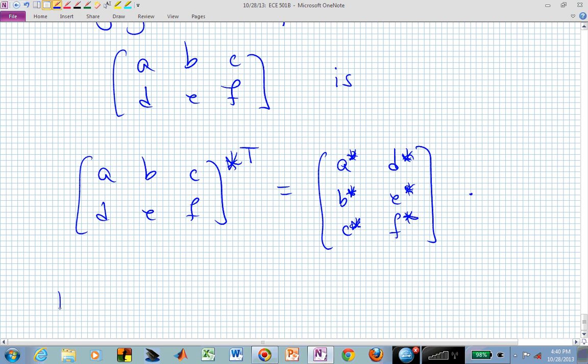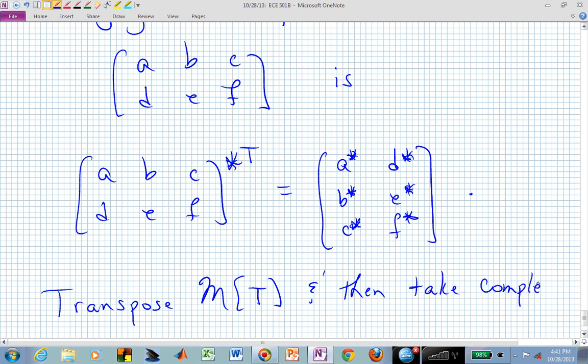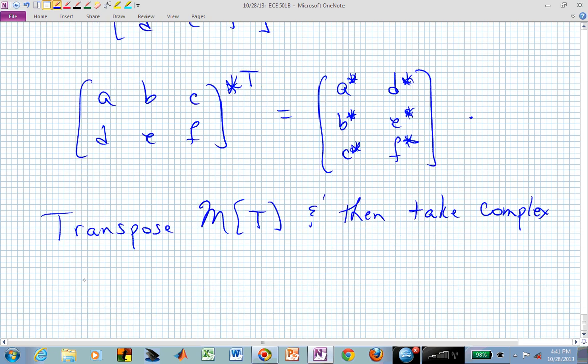What we've done is we've simply transposed this matrix representation of T and then taken its complex conjugate. Or you could do it the other way. You could take the complex conjugates and then transpose.